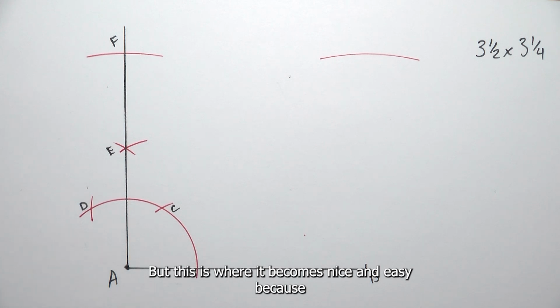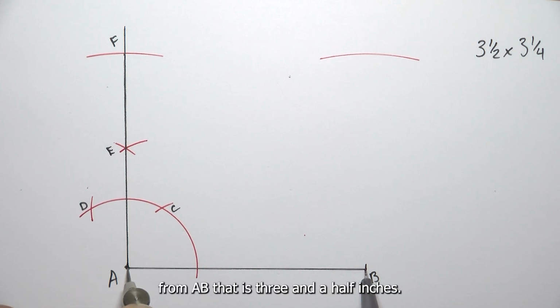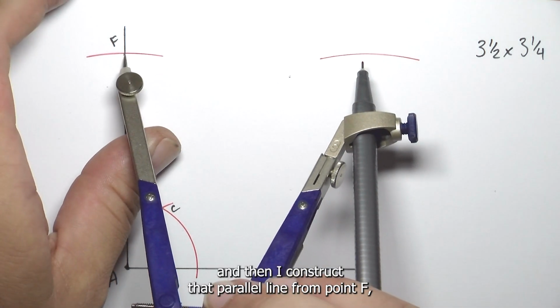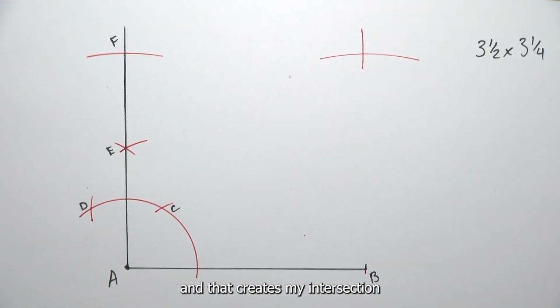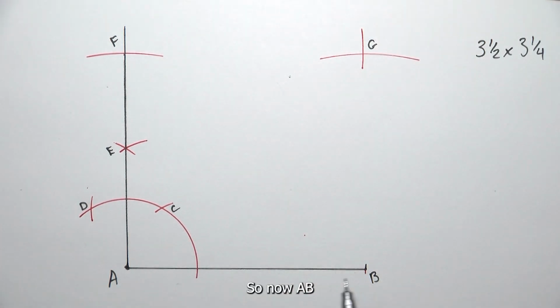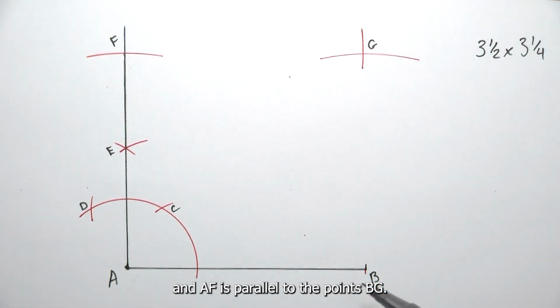But this is where it becomes nice and easy, because there's going to be a parallel line to AB that is 3.5 inches. So I set my compass up to AB, and then I construct that parallel line from point F. That creates my intersection, and let's call that point G. So now AB is parallel to FG, and AF is parallel to BG.